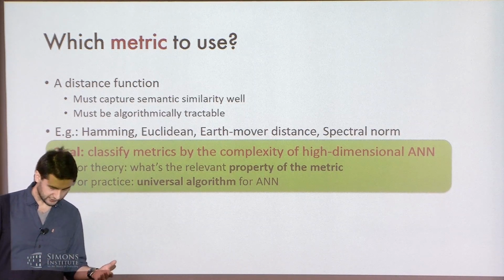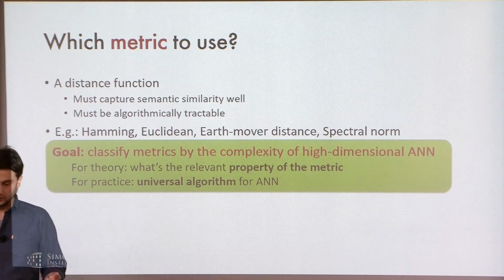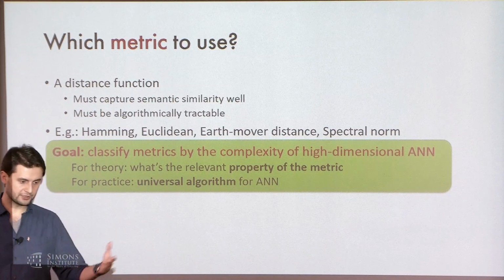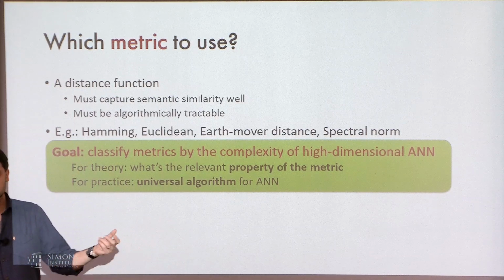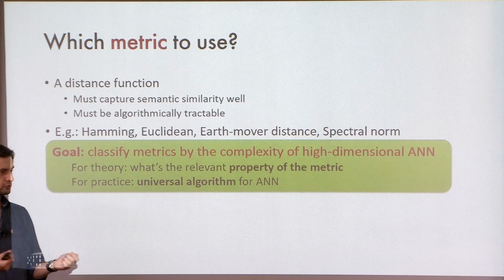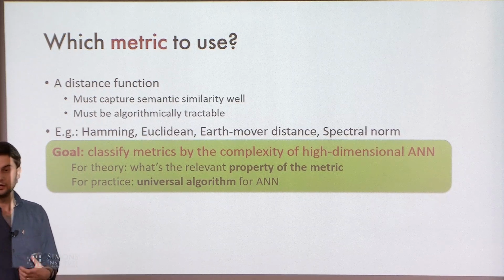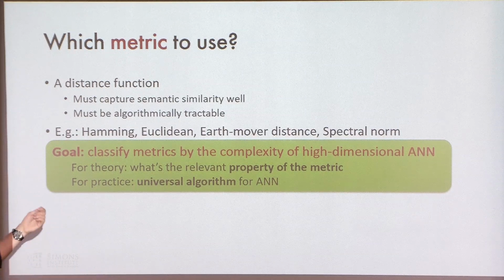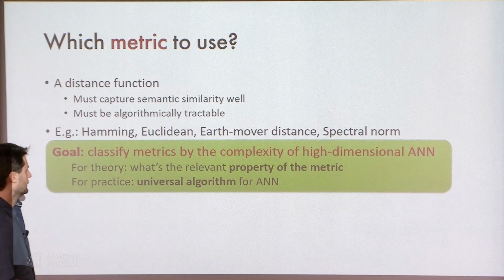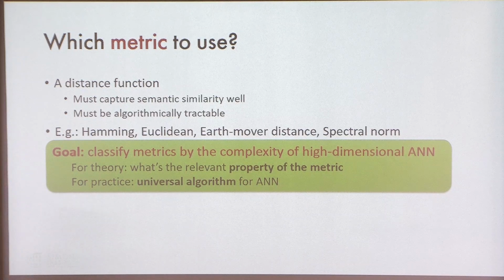This is important in practice because oftentimes you'll design a particular metric for comparing your objects, and it's often necessary to tinker with it. We'll modify it a little bit here, a little bit there, and you don't want the geometry of the space to change a little bit and have to redesign the algorithm from scratch. It would be nice to have an algorithm that is resilient to these changes. Hopefully approaching this goal will give such a universal algorithm.